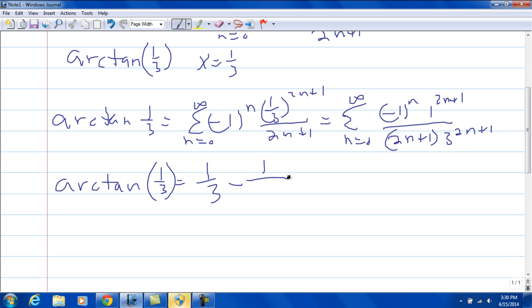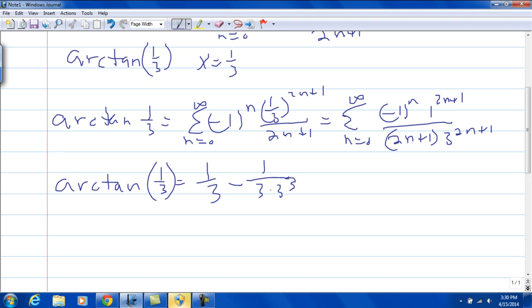And then 3 to the 3, so it's going to be 3 times 3 to the 3. Now I shouldn't do equals yet.